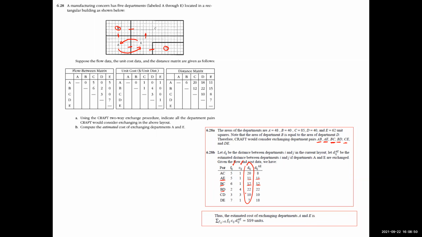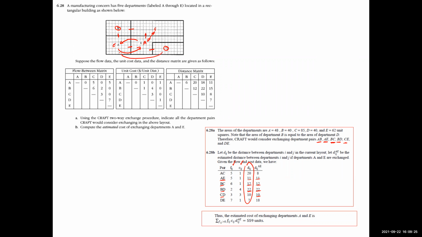B, D, they are not affected by A and E. So the distance with the exchange is going to be the same. CD is not going to be affected. The only two that are going to be affected are AC, because now A is going to be here and C is going to be here, so the distance is going to change, and the distance between D and E, because E is now here.